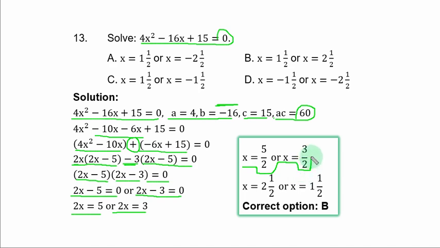If you express in mixed fractions, you have s equal to 2 and 1 over 2 or s equal to 1 and 1 over 2. So B is the correct option.